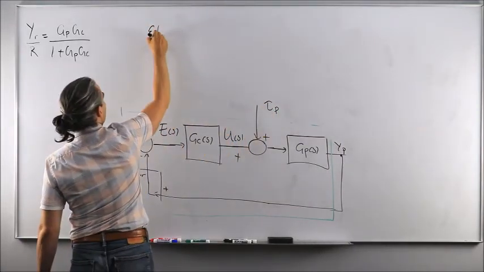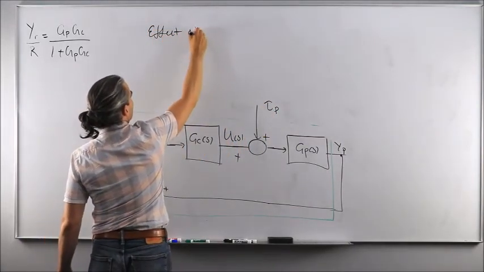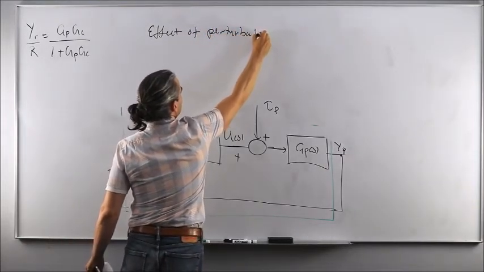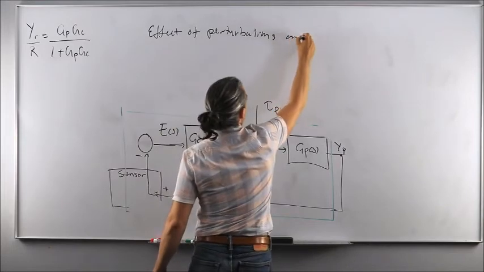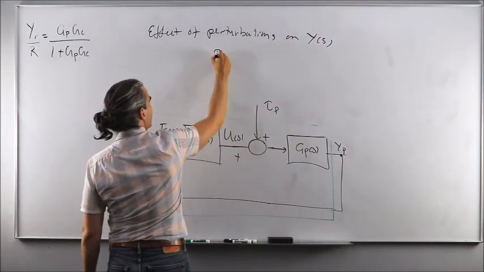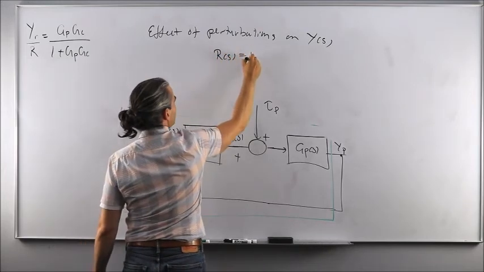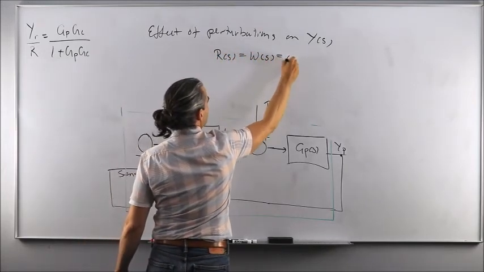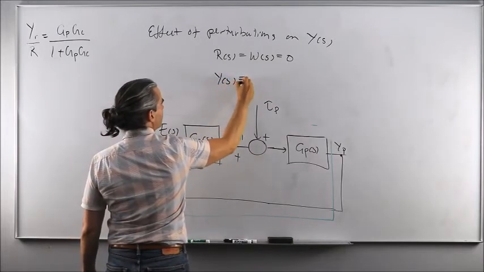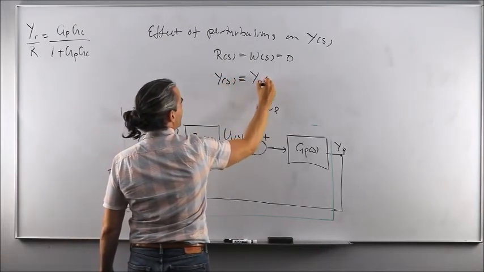I'm going to say effect of perturbations on the output y. So in that case, I'm going to set my R and my sensor noise equal to 0, and I'm going to denote my y to be yp of s.